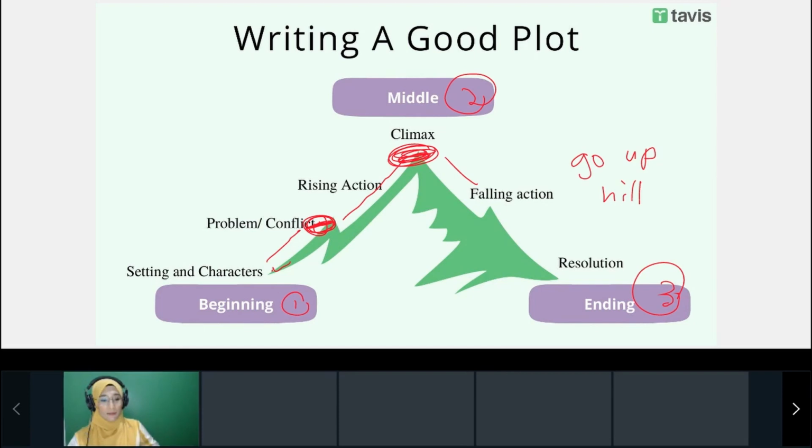Then the story will fall down a bit to the falling action. Now we have to think about what he or she is going to do with the whole situation, the health situation just now, if we take the love story. Divorce, do you think?